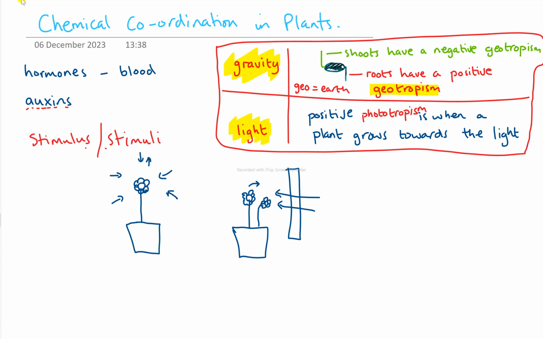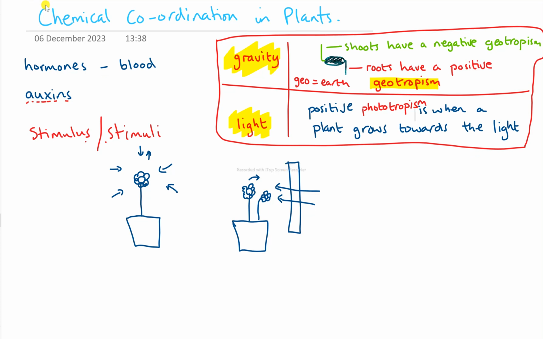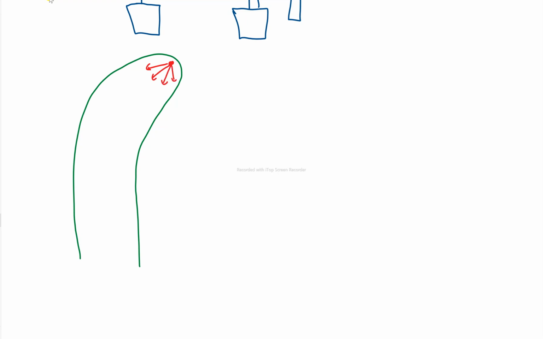Right, so we're going to just look at this setup. What you've got is a plant that's bent over towards the light because there's a positive tropism. So we're going to compare. Okay, let's start this. At the tip, your hormones diffuse through to the rest of the plant, so they're traveling down.